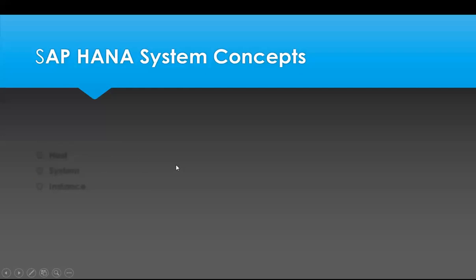So the SAP HANA system is basically composed of three main components. First is the host, then the system, and the instance. So in everyday language, these terms may have different meanings. So it's important to clearly understand what these terms mean when it comes to an SAP HANA installation.